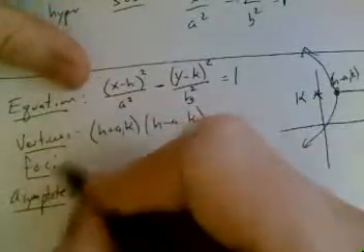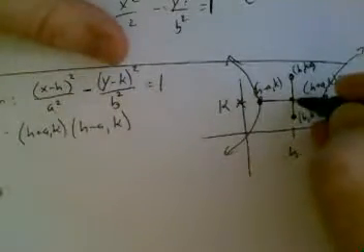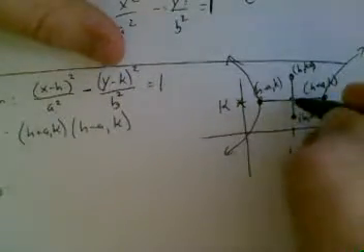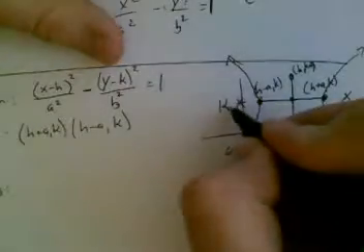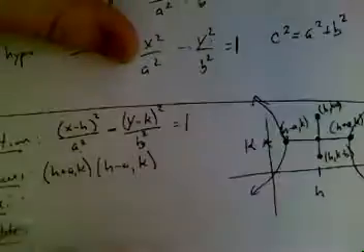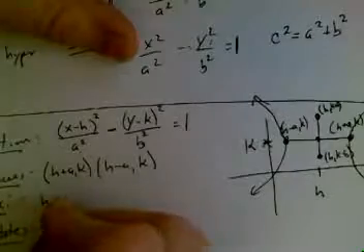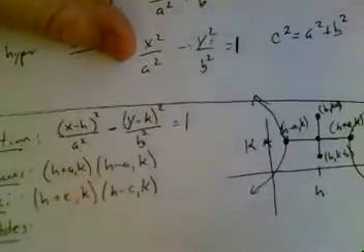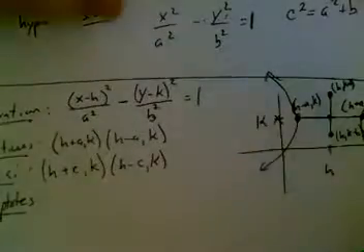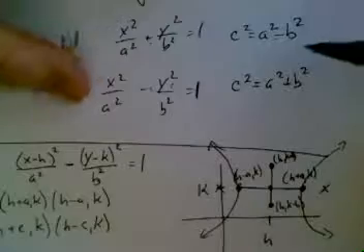Once I found that, my foci are actually going to be up to h, over to h, up to k, and then over a value of c, and then over a negative value of c. So my foci are actually going to be h plus or minus c comma k. Notice the difference between this one here and the situation that we had up here.